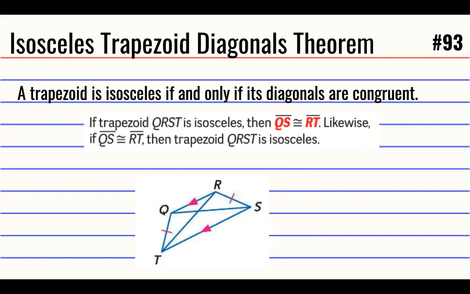So an isosceles trapezoid has congruent diagonals. This is trapezoid QRST. It is isosceles. So QS is congruent to RT. And those are your diagonals for the trapezoid. Okay, so in an isosceles trapezoid, diagonals are congruent.